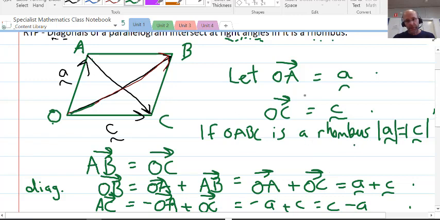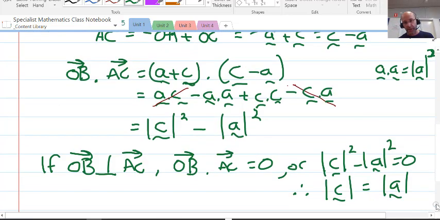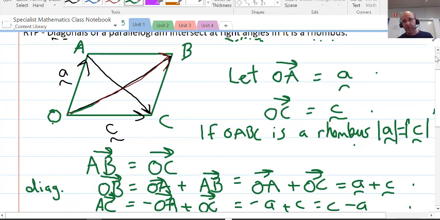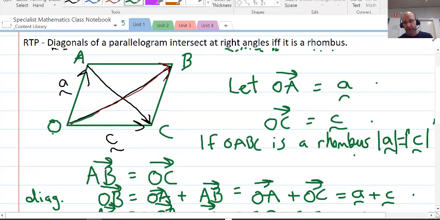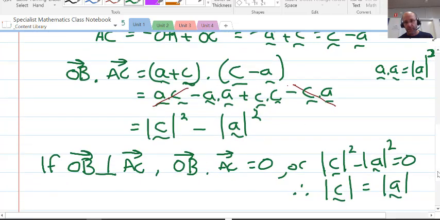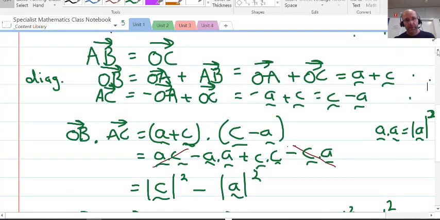So those two non-parallel sides are equal. That's a special feature of the rhombus. We're using our understanding of what makes a rhombus special, because that's what this proof is about. It's about a special case, sort of. The if and only if shows us that, doesn't it? Then we make some further relationships using vector addition, and we try and reduce everything down to lowercase a and lowercase c.